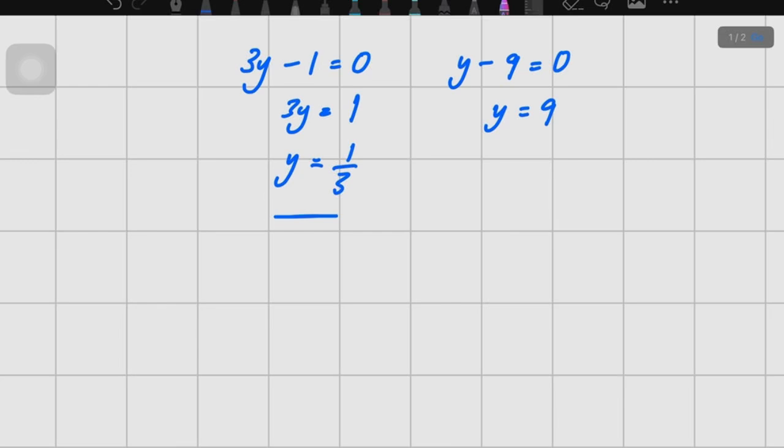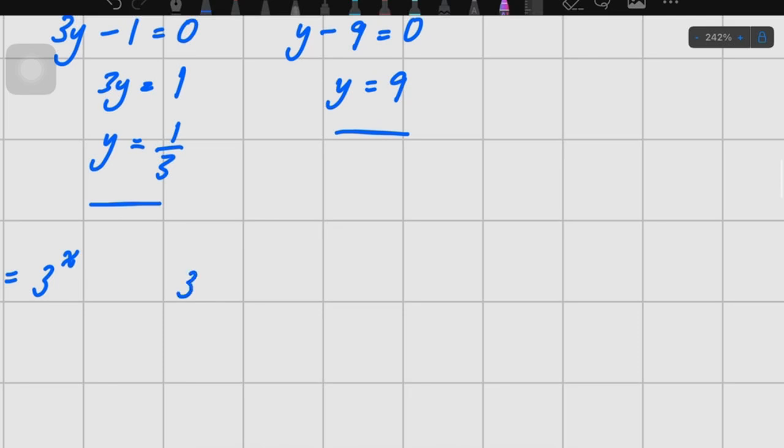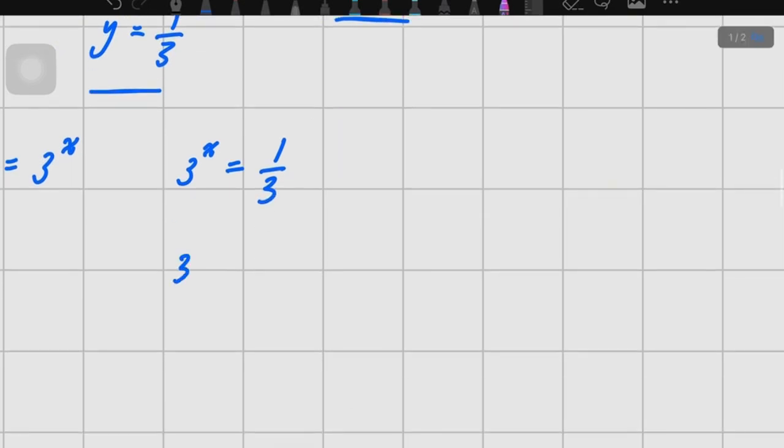So this is the answer, but this is in the form of y, so we need to replace it back with 3 to the power of x, because earlier we let y equals to 3 to the power of x. So replace it back, it will become 3 to the power of x equals to 1 over 3. So 1 over 3 is 3 to the power of negative 1. So x will be negative 1.